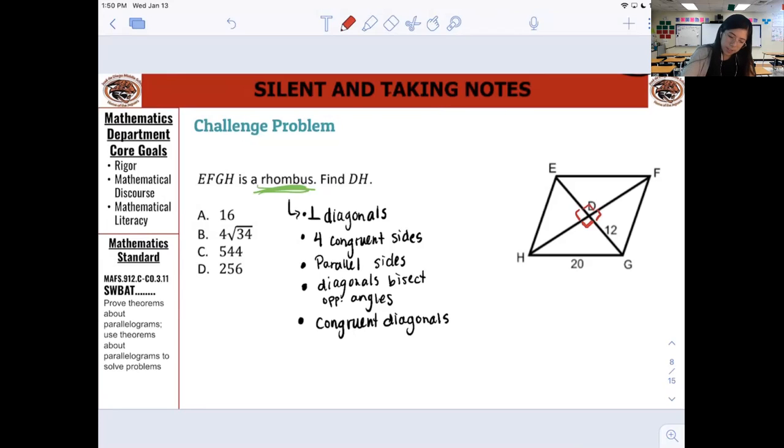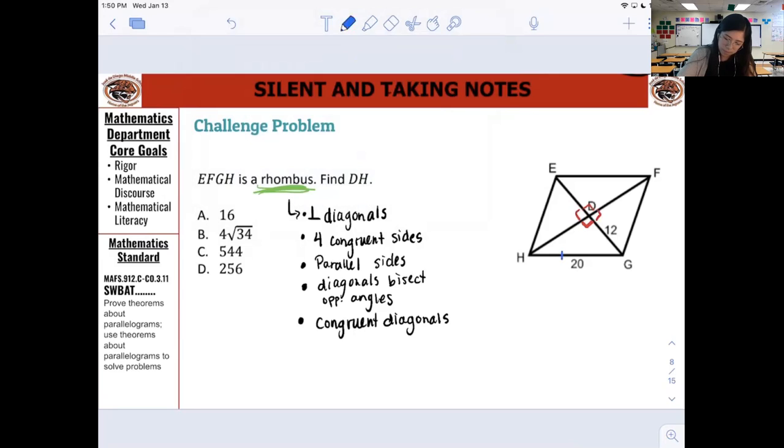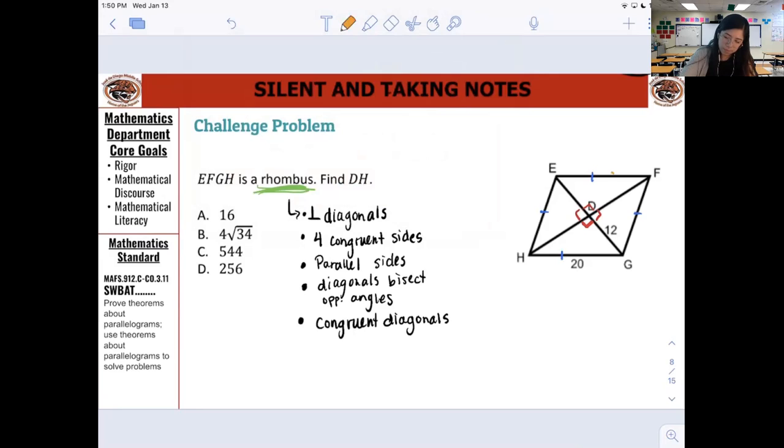There's four congruent sides. That the sides are parallel. Diagonals bisect opposite angles.